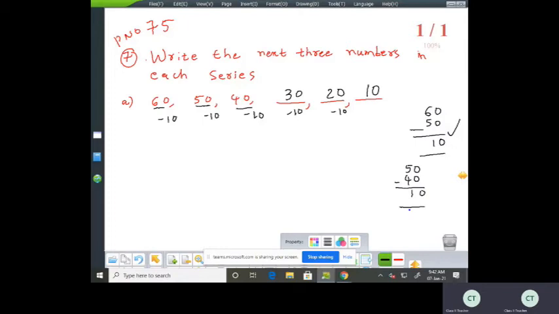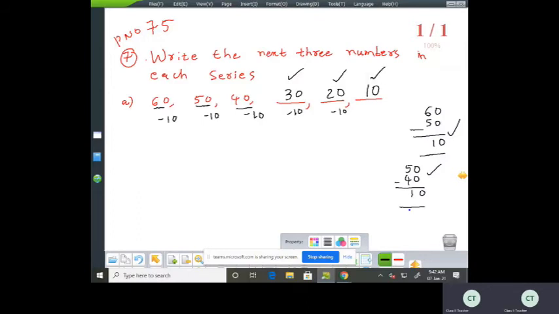Next two numbers, 50 minus 40, the difference is 10. Difference means subtraction. Here every number is decreased by 10. 60 minus 10, 50. 50 minus 10, 40. 40 minus 10, 30. 30 minus 10, 20. 20 minus 10, 10.